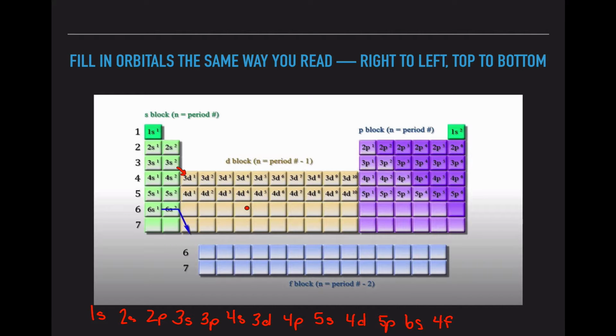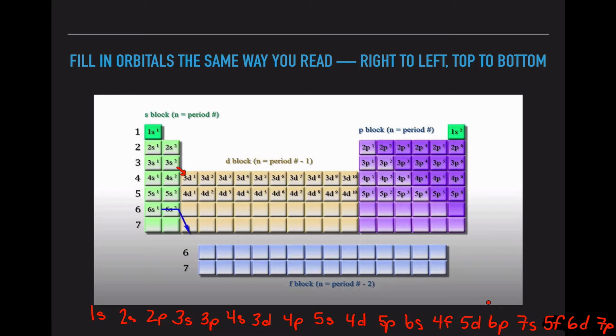Then we jump back up to here, which is n minus 1, and since n is 6, this is the 5d level. Then we go back to the 6p. Then after 6p, we have the 7s, and 7 minus 2 is the 5f level, the 6d level, and then the 7p level. So if we fill all the orbitals, this is the order that we're going to go in.